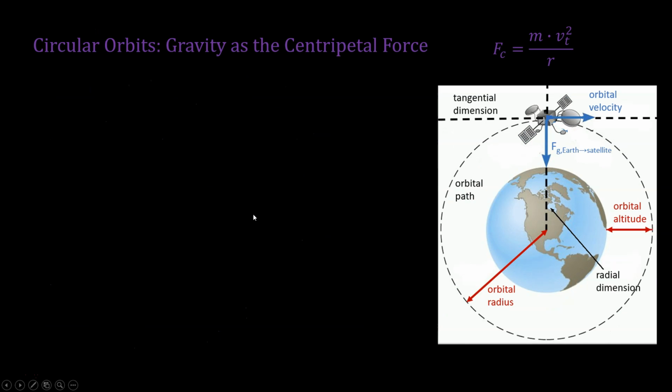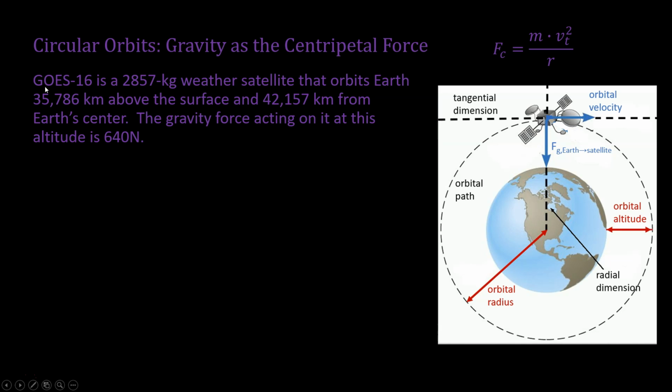So in this case, we have GOES 16, a 2,857 kilogram weather satellite that orbits Earth 35,786 kilometers above the surface. So that's the orbital altitude. Now we need to add the radius of the Earth to get our total orbital radius.